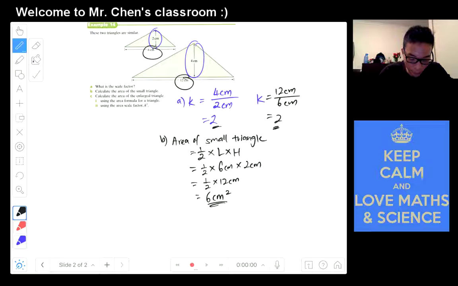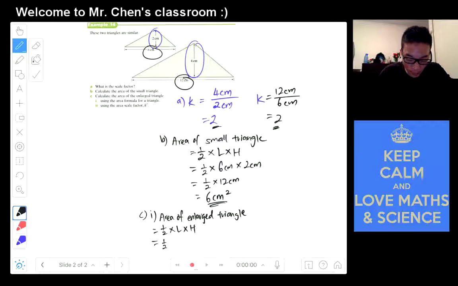And for C, use the area formula to calculate the area of the enlarged triangle. So we're going to use both. First we're going to do the regular one, which is the area of the enlarged triangle equal to half times length times height.